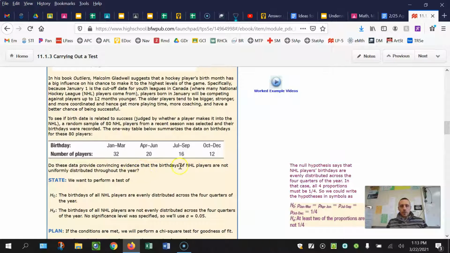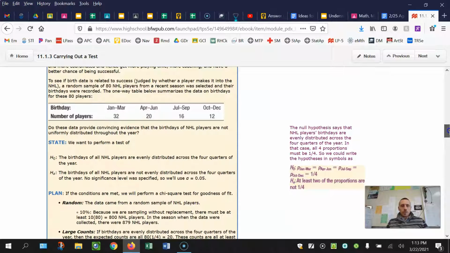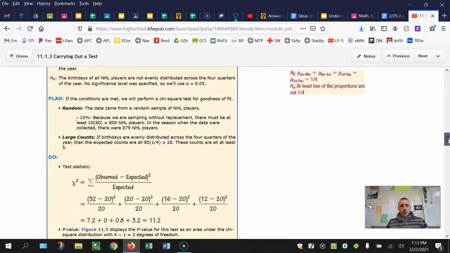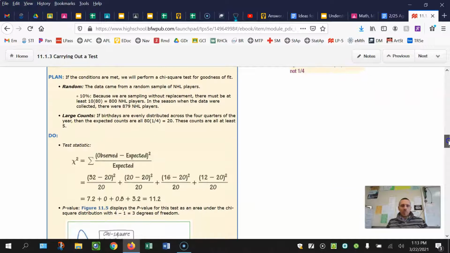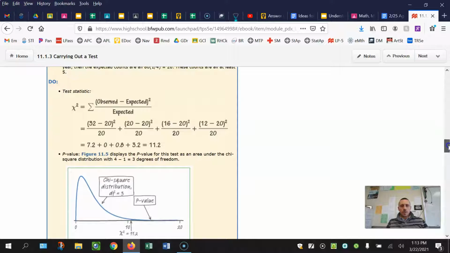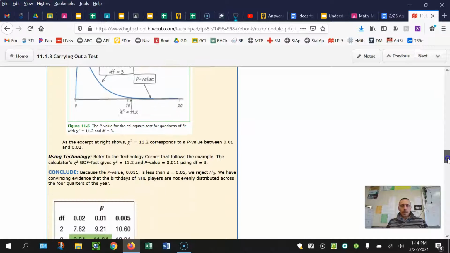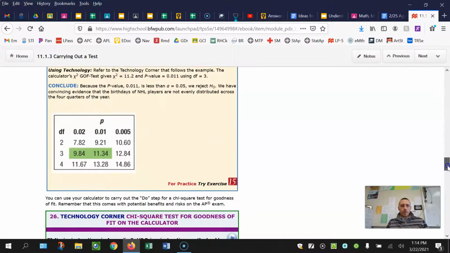The null would be that the distribution of NHL players' birthdays is uniform. Random, large counts, 10%, test statistic, all of this is what it is. To get your p-value, chi-squared CDF from that 11.2 to infinity with 3 degrees of freedom gives you a p-value of about 0.011. Conclusion is as it's been.